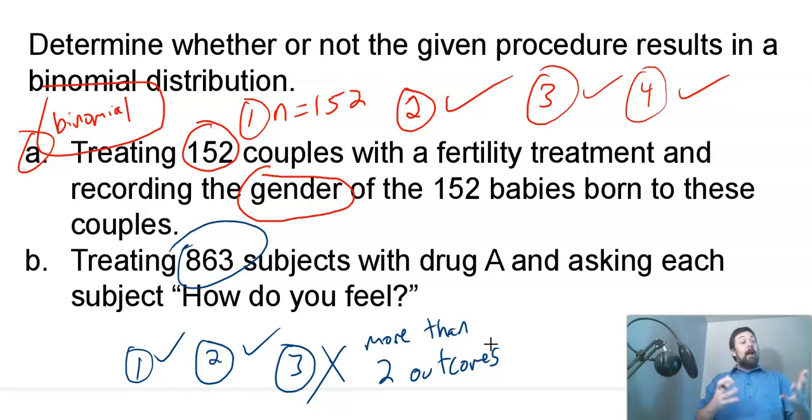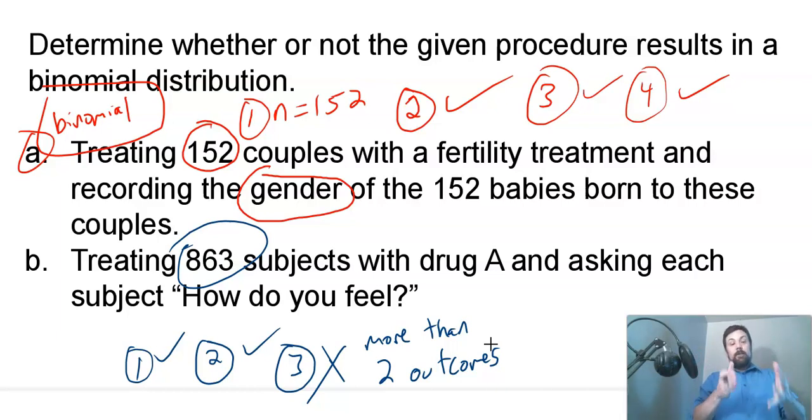And so they could still ask, how do you feel? But then maybe they only have 2 checkboxes, positive or negative. And if they respond positively, you check that. If they respond negatively, you check that, right? You could try to force it to be 2 possible outcomes. But again, that's getting too hypothetical. I'm reading into the question a lot further than what's actually given.